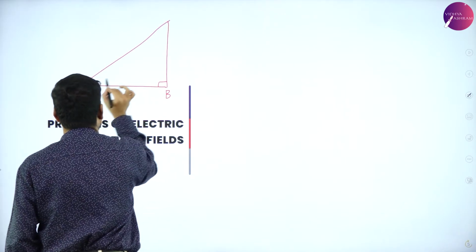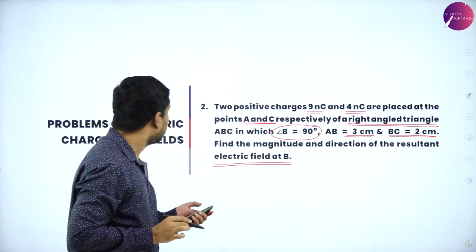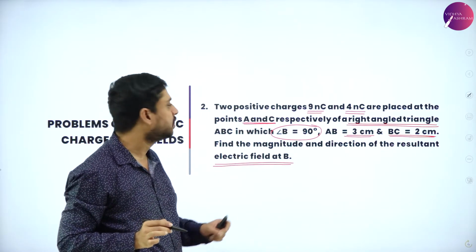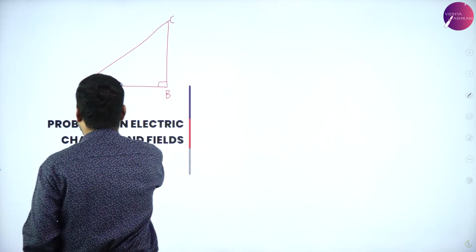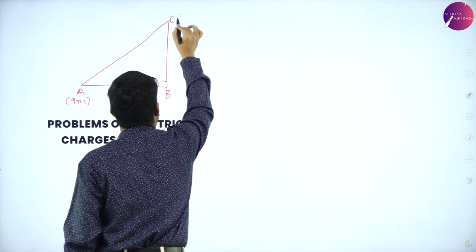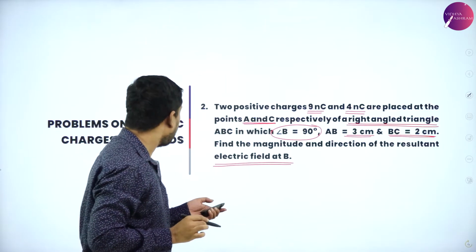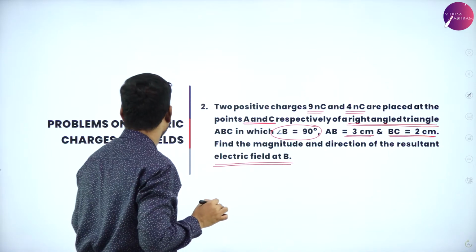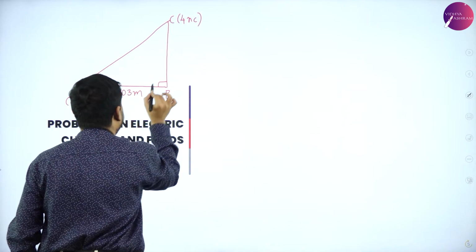So this is A, this is C. 9 nanocoulomb and 4 nanocoulomb are placed at A and C. So at A, you have 9 nanocoulomb. This is 4 nanocoulomb. How much is the distance AB? 3 centimeter. So AB is 3 centimeter, which is 0.03 meter.